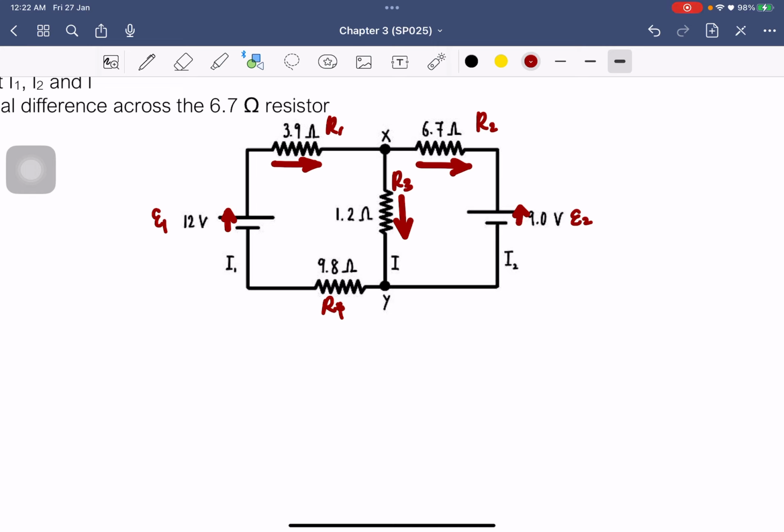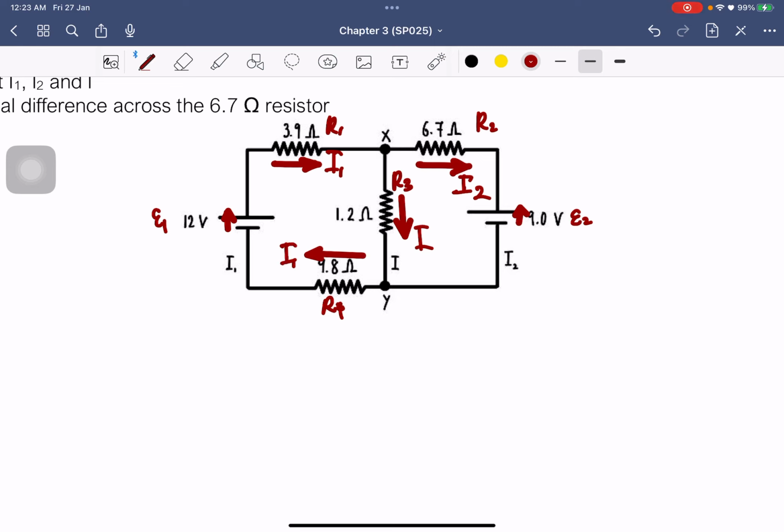Oh, we have another resistor here. Okay, so this is I1. This is I2. And this is our I. This is in series, so it's going to be I1 as well.